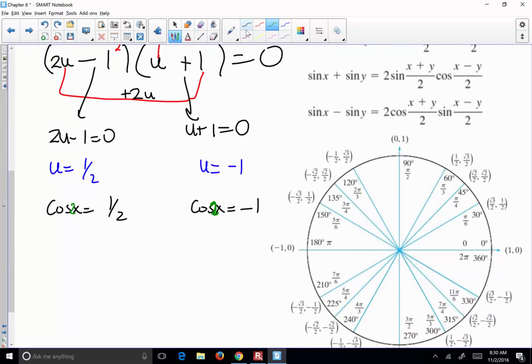Alright, so what can cosine 2x be? There is an angle called 2x. You enter it into cosine and it makes 1 over 2. What angle or angles are those? Here is one, right? Here is second. There are 2. So it is pi over 3 or 5 pi over 3.